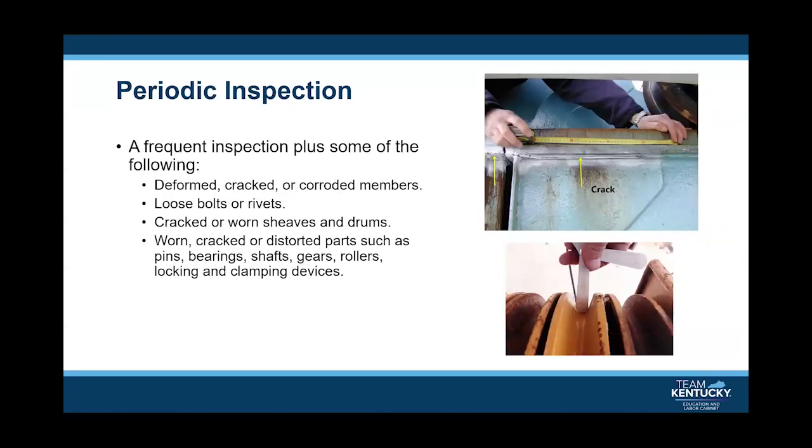The next type of crane inspection is a periodic inspection. This inspection is typically completed at least annually and is a more thorough inspection of the crane.